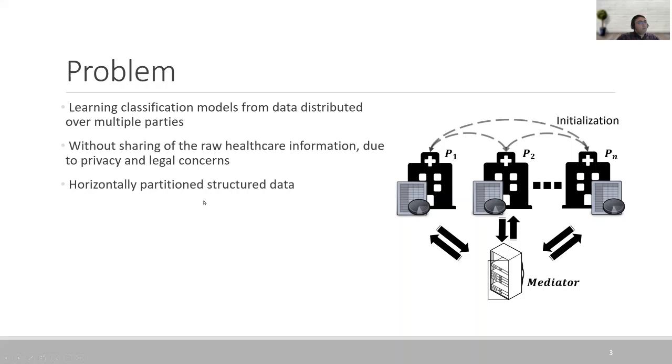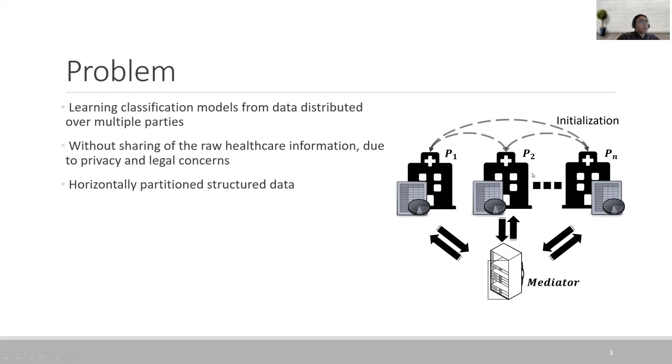So our problem is that the data in many scenarios are distributed over an arbitrary number of parties. These parties could be hospitals or patient mobile phones or other personal devices.